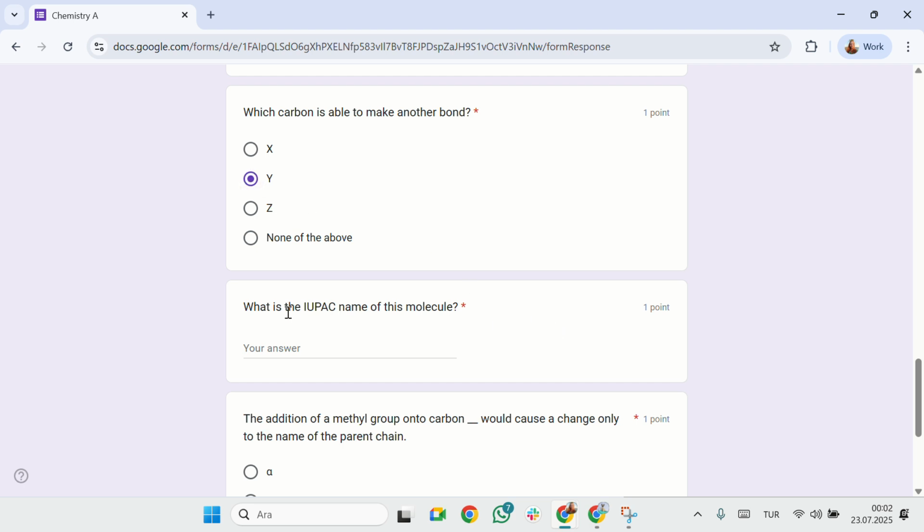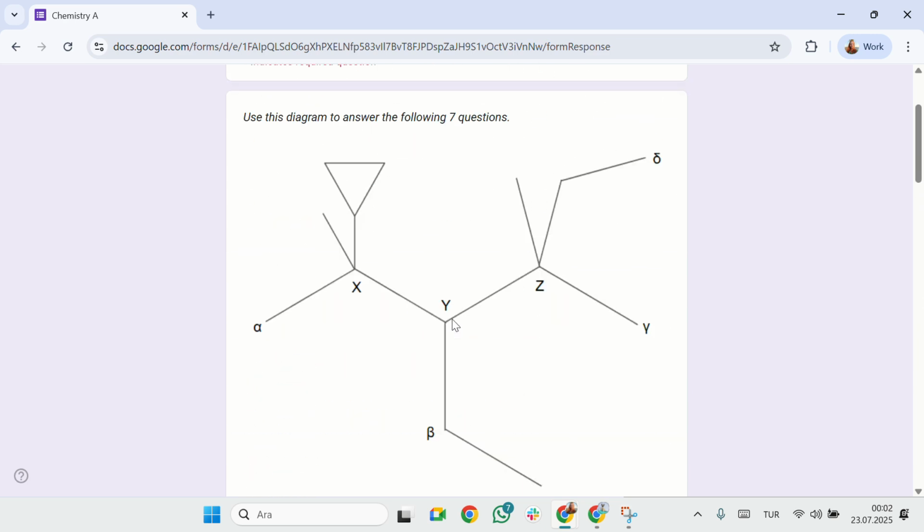What is the IUPAC name of this molecule?